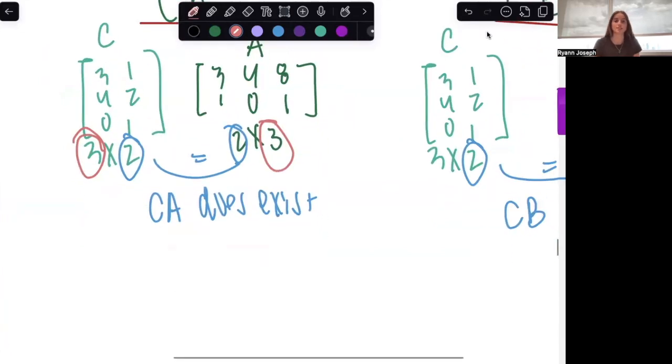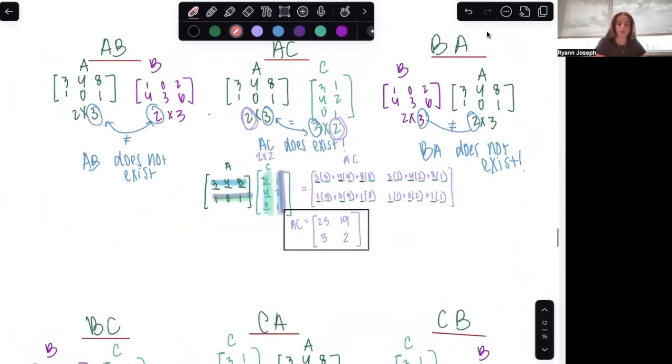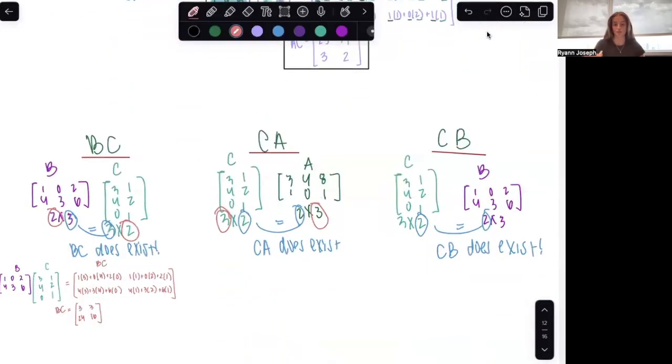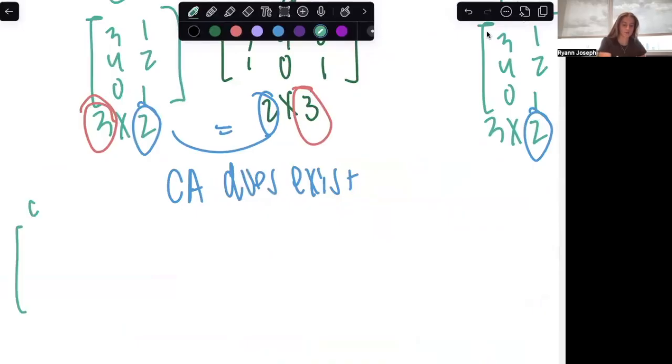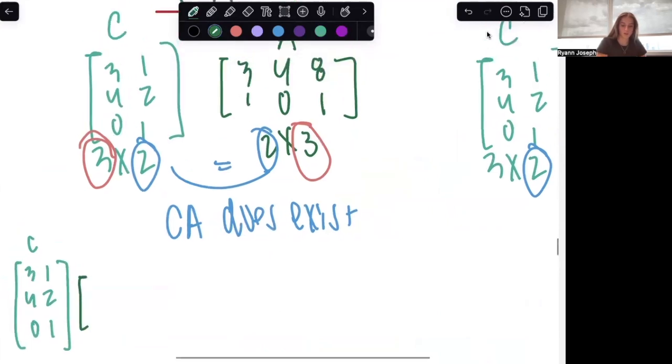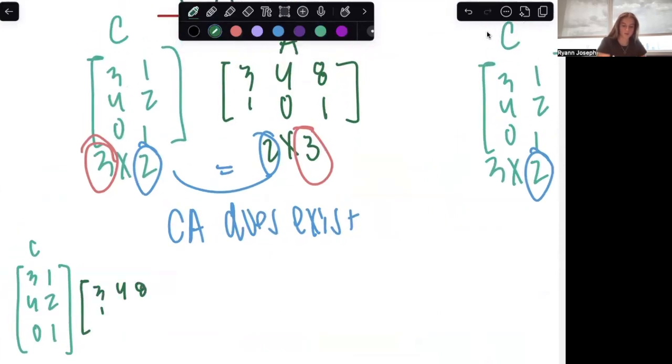So in these previous ones, we had a 2 by 3 and a 3 by 2 that we multiplied where the 3's went in the middle, so it became a 2 by 2. Now, if we reverse that order, we're going to get a 3 by 3 instead. So we're going to make the bigger matrix. We'll do that. C is 3, 1, 4, 2, 0, 1, and then A is 3, 4, 8, 1, 0, 1.